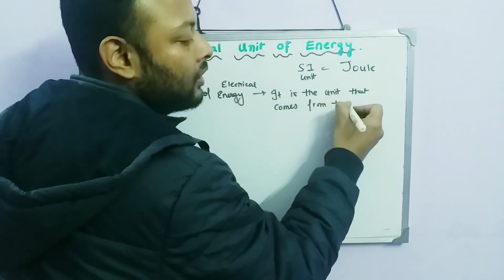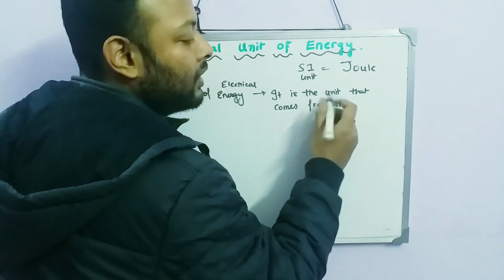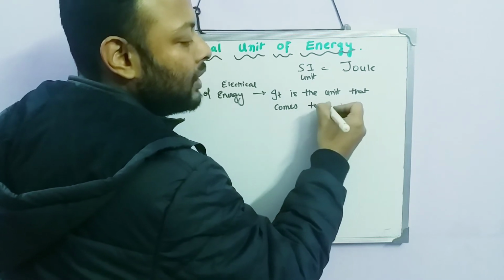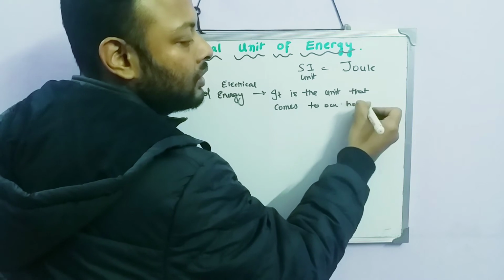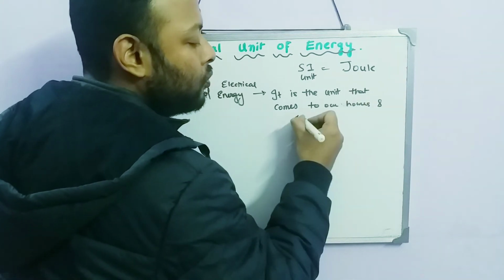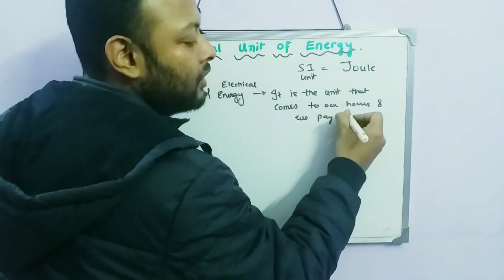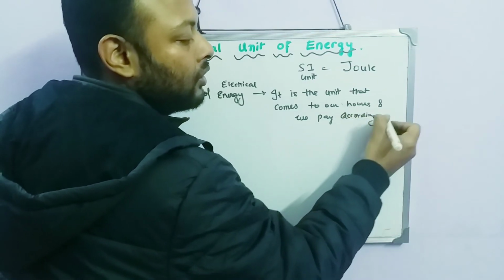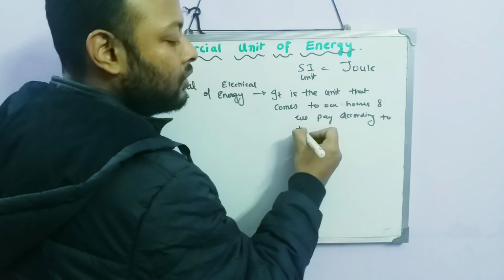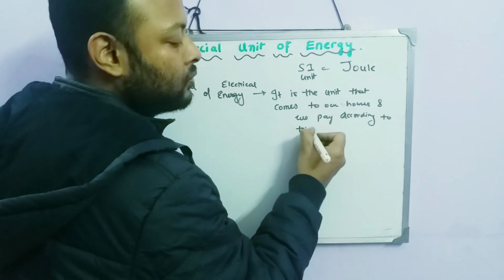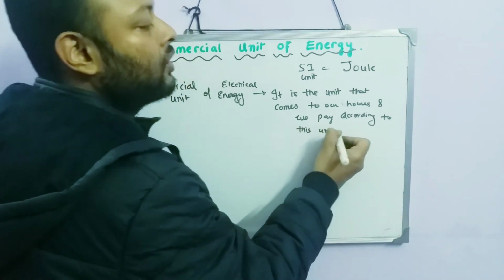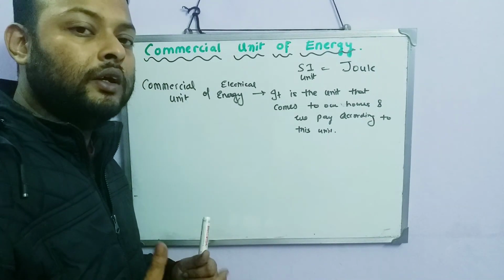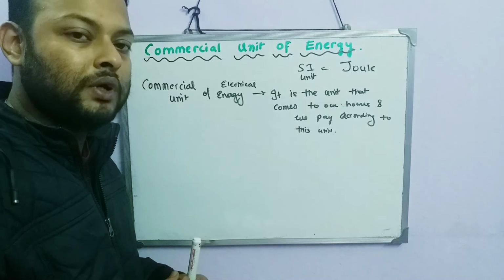It is the unit that comes to our houses, and we pay according to this unit. Okay, so we pay for electricity according to the commercial unit.